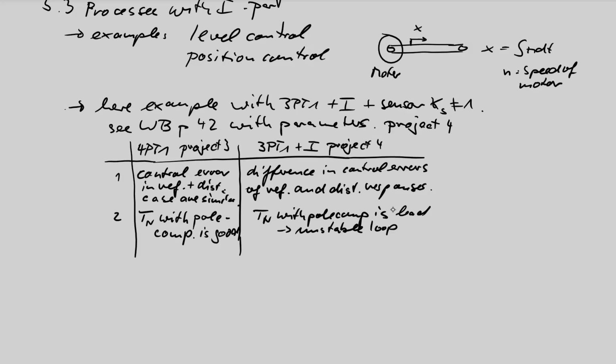Yeah. And the third difference is sensor gain is 1 and sensor gain is 1.25. What does that mean for my final value?